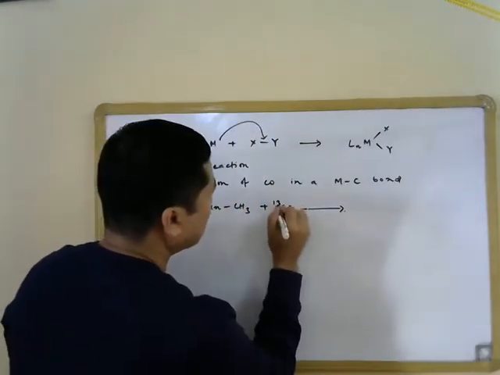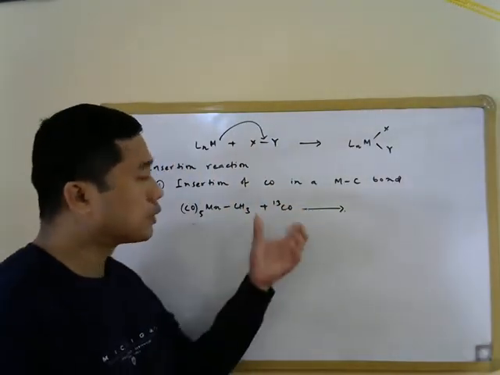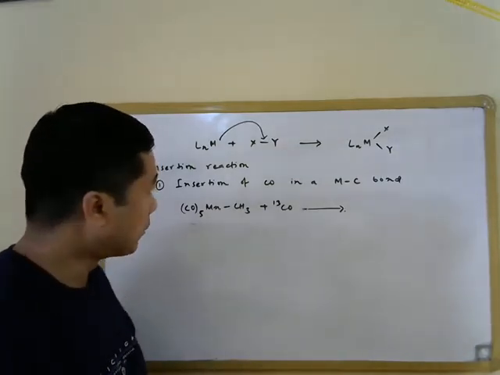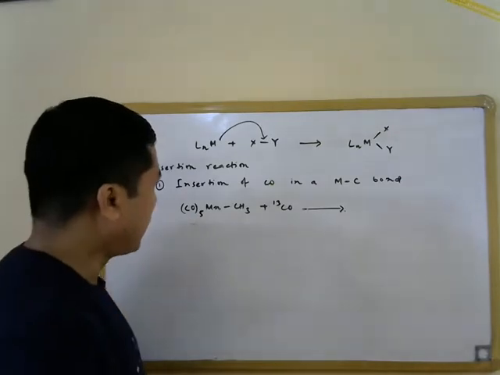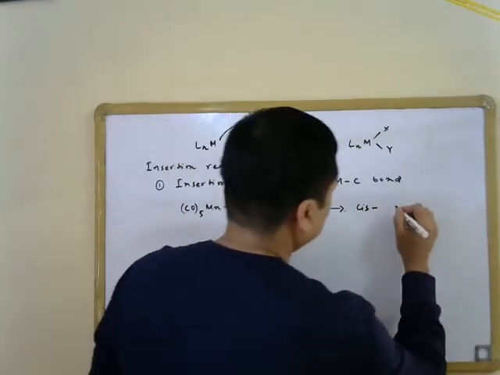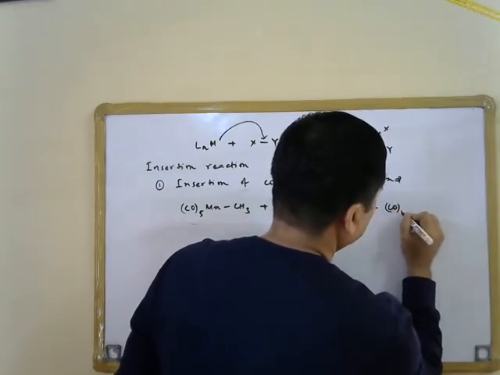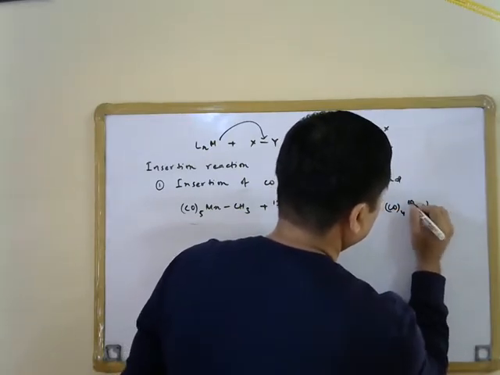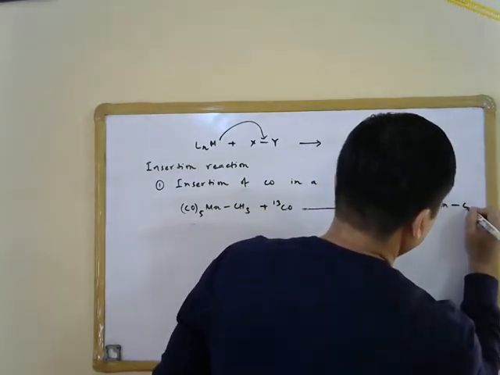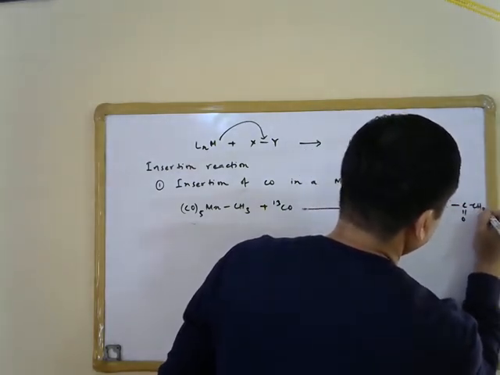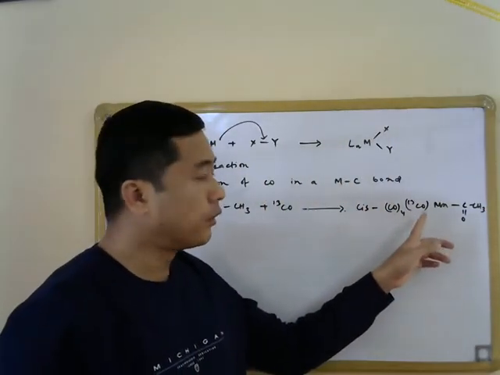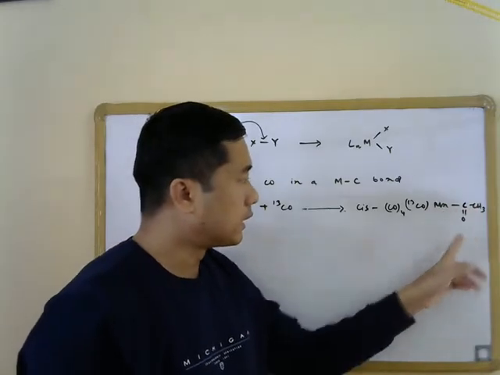Instead of CO we use the tagged CO, that is 13 carbon CO, and the product in this case is actually the cis CO4 13CO manganese acetyl.